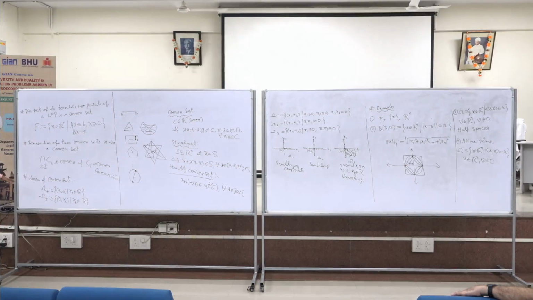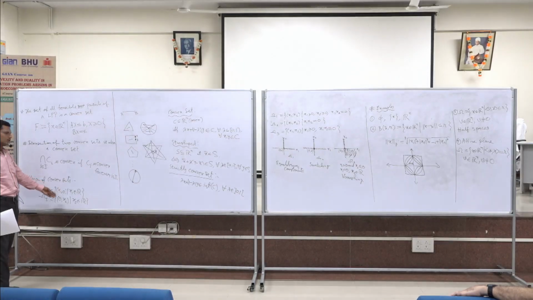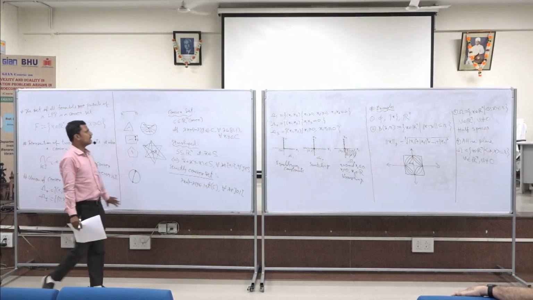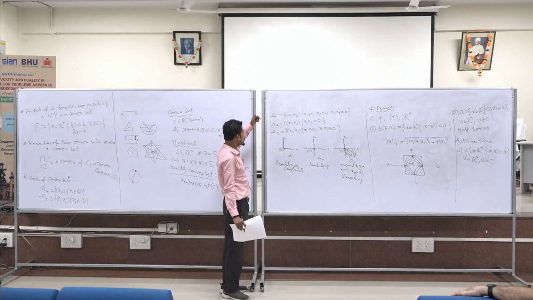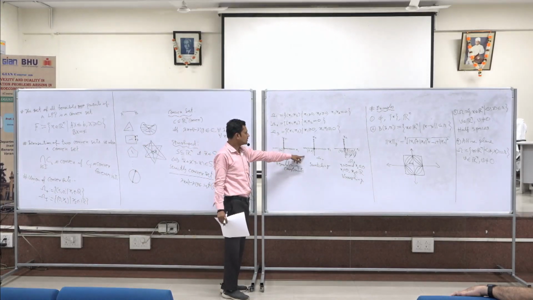So this is the x-axis and this one is the y-axis. If you take the union of both these sets, you will have this set omega 2.